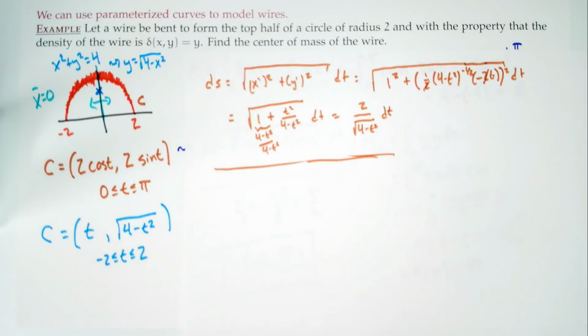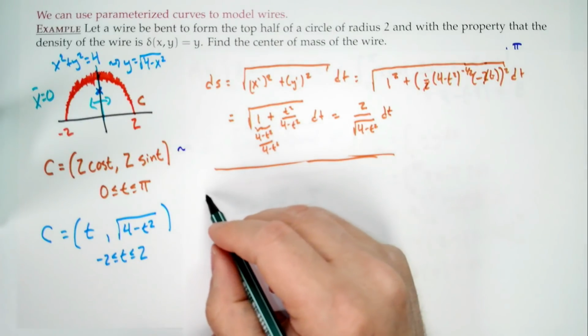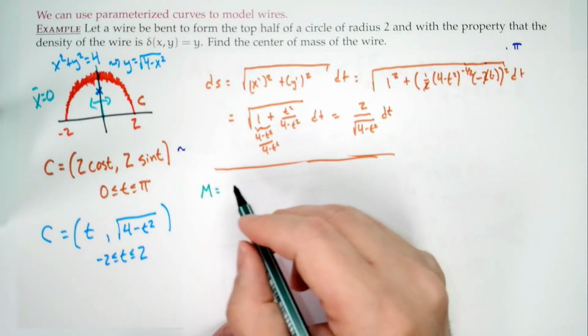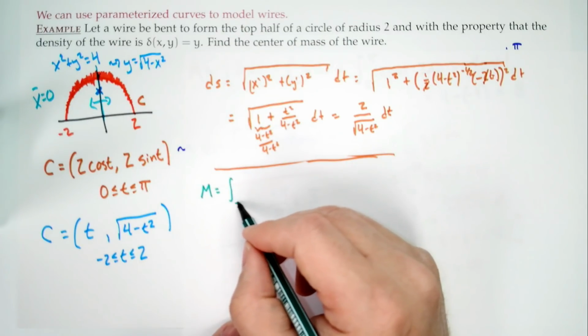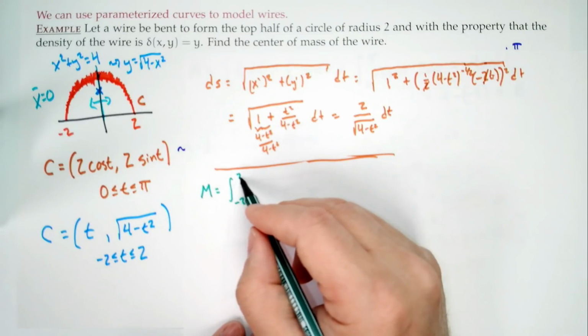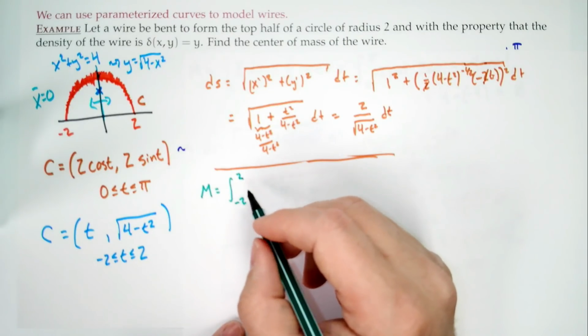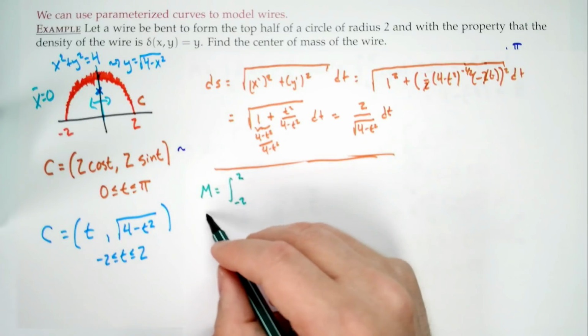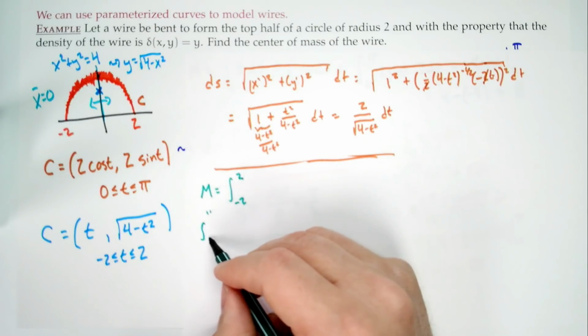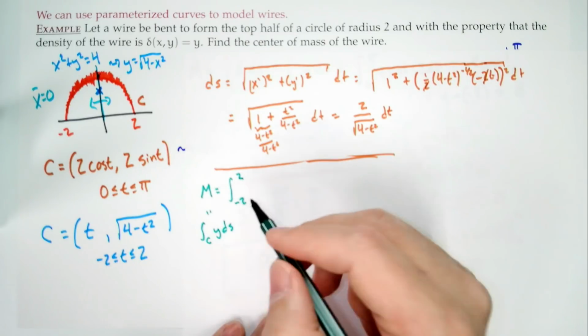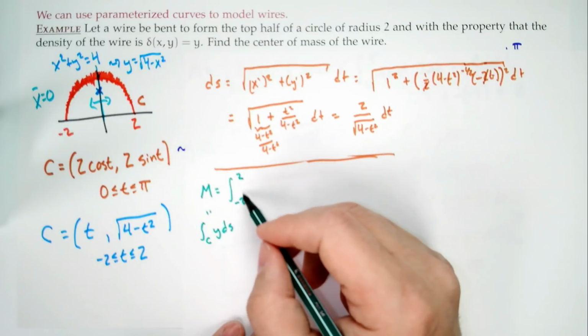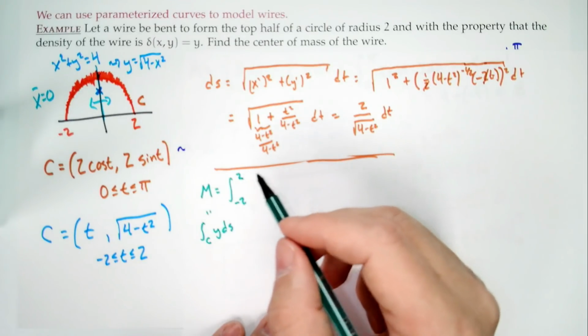Now, which computations? We have two things we need to compute. We need to compute the mass, and we need to compute the moment. So let's do the mass. That's the integral along the curve of our density, which is y ds. So when we put it into parameterization, -2 to +2, what's our density?